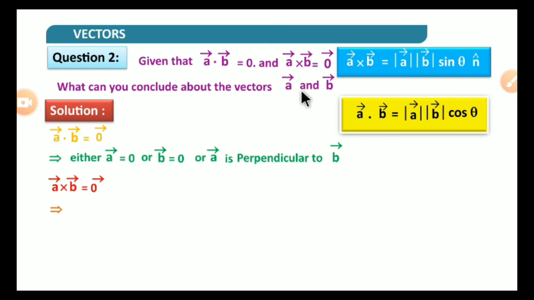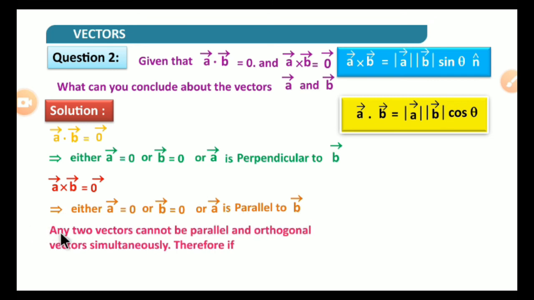Similarly, consider the second statement, a cross b equal to the 0 vector. Then either a is the 0 vector or b is the 0 vector, or a is parallel to b. Therefore, any two nonzero vectors cannot be parallel and orthogonal simultaneously, because for the first condition a is perpendicular to b, but for the second condition a is parallel to b.